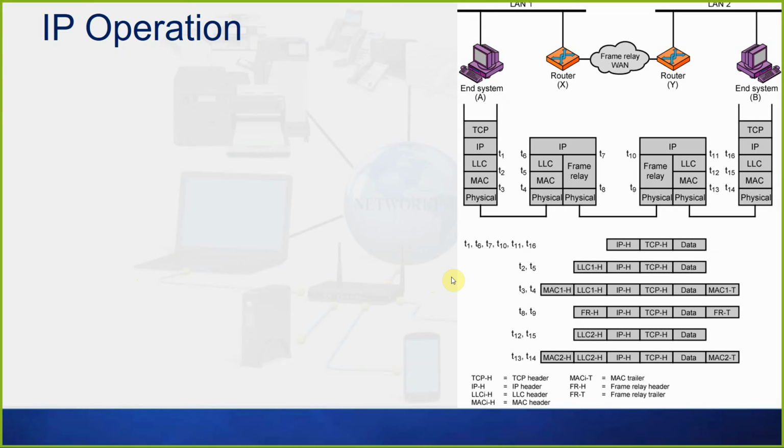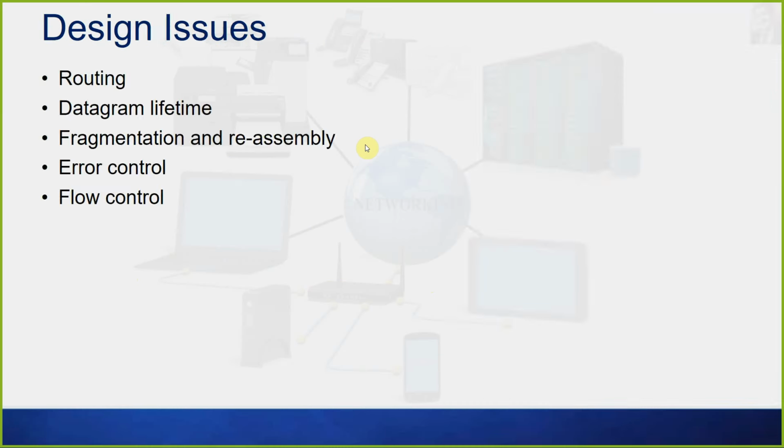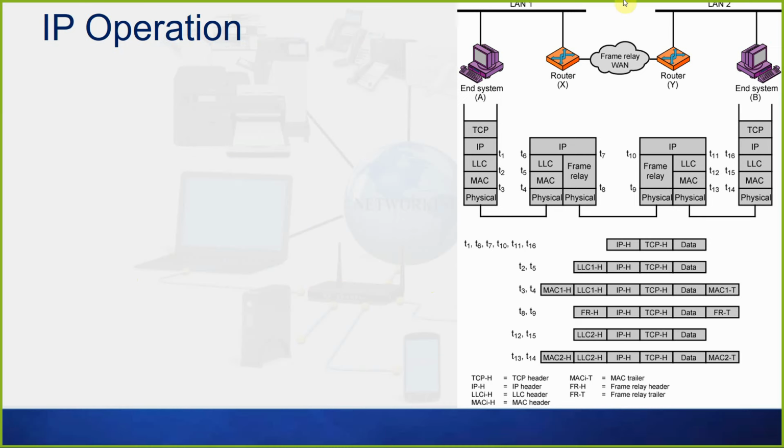IP operation, how Internet Protocol works. In this example of IP, we have LAN 1 and LAN 2, the end systems. These are the layers of your TCP/IP protocol, the router and the frame relay happening between the routers. So four layers are used: TCP layer, IP layer, logical layer, MAC address, and physical layer.